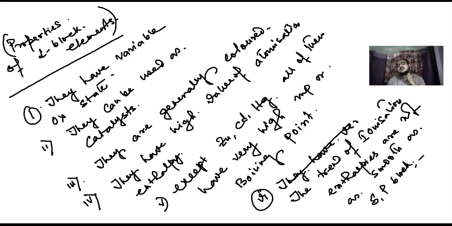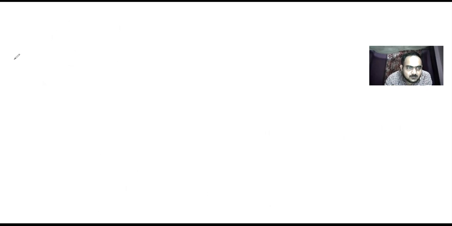So these are some fundamental properties I am trying to discuss, and then we'll discuss them in more and more detail. At first, what is the definition of transition elements?